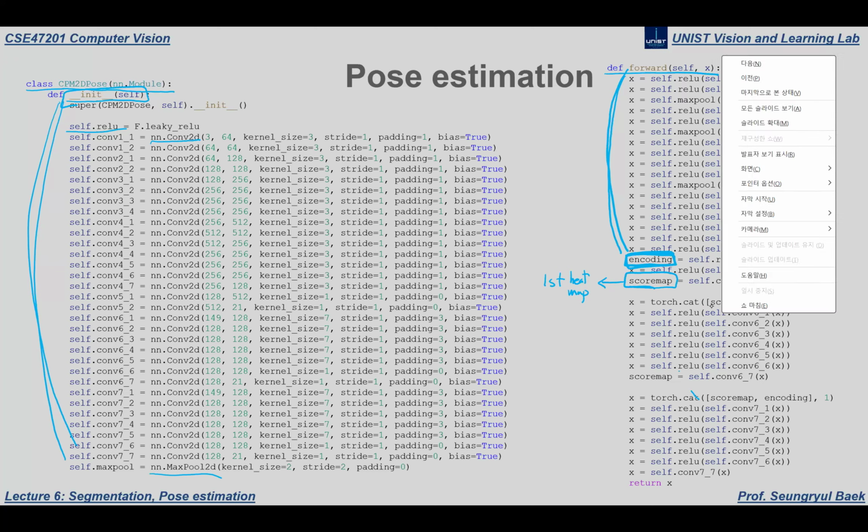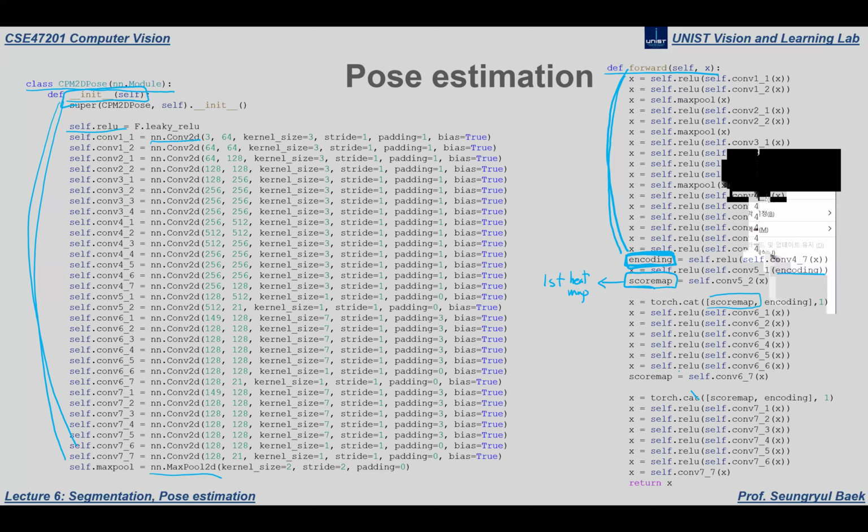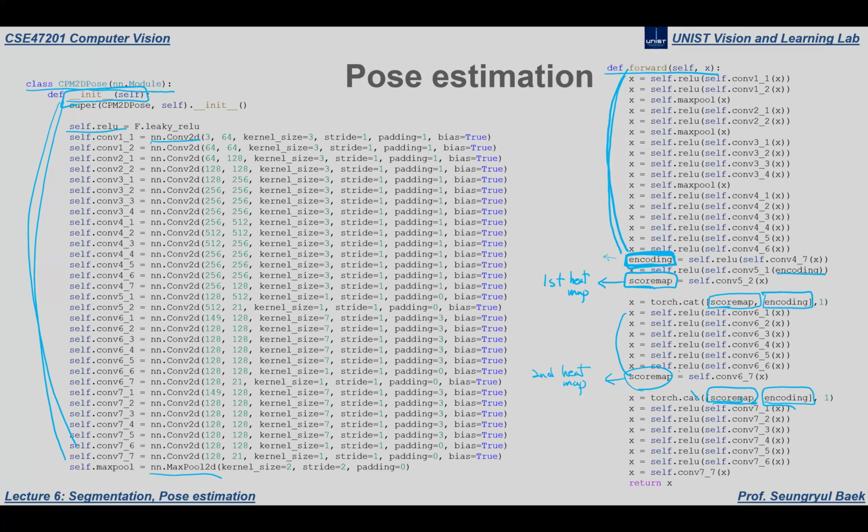And then by concatenating the first heat map with the feature we obtained here, okay? We apply another stream of convolutional and nonlinear layers and extract the second heat map here, okay? And then also by concatenating the second heat map with the feature we extracted in the middle, okay?